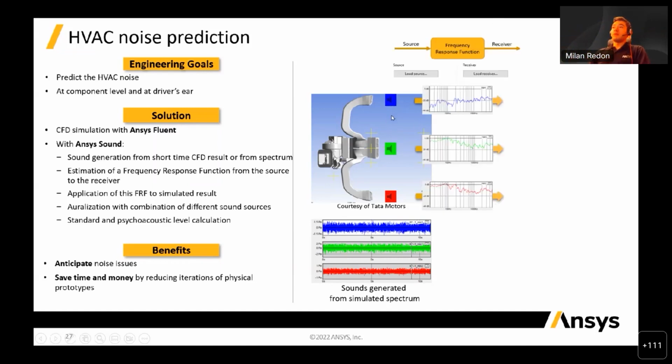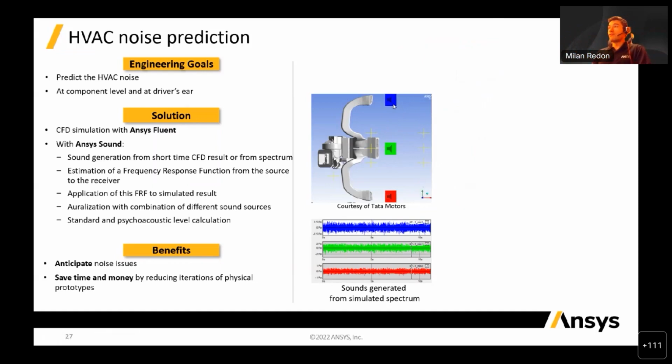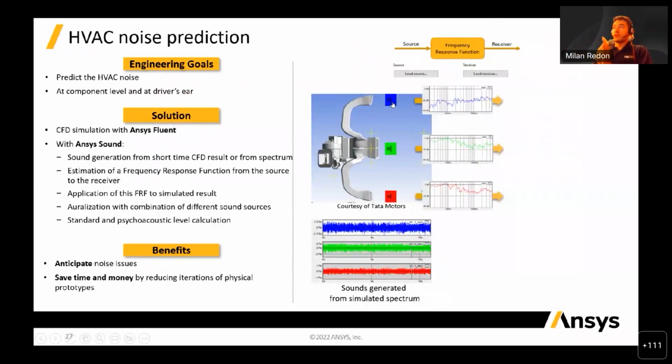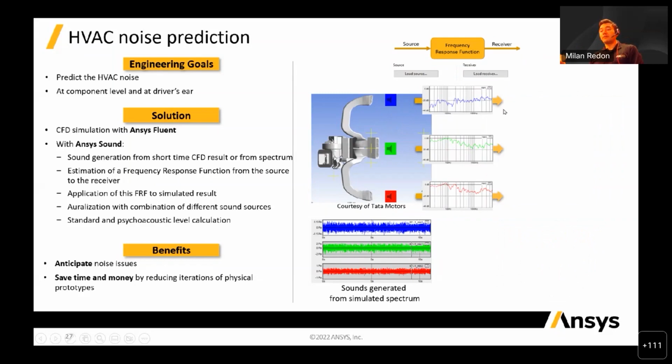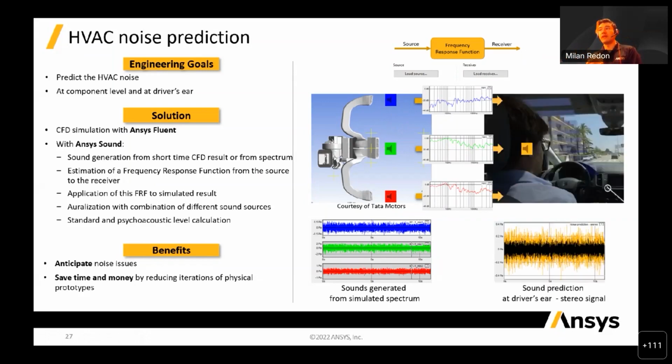And also the application of the FRF, the frequency response function, from the source to the ear of the listener. So you apply an FRF, and you can also combine these sounds to create a stereo sound and to predict the sound as if it was listened to in the cabin.